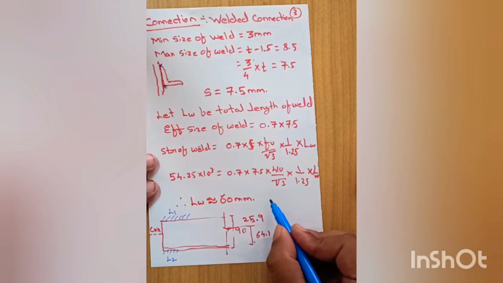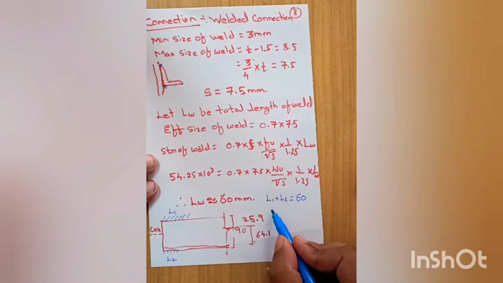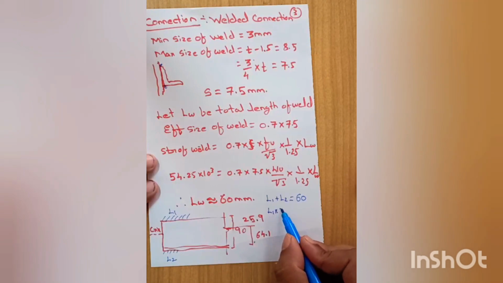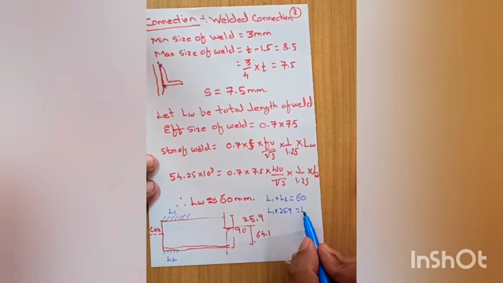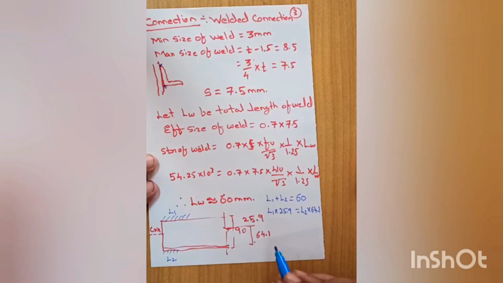So this I need to find. For that, we know L1 plus L2 is 60 mm, and to coincide the CG of the weld with that of the angle, L1 into 25.9 should be equal to L2 into 64.1.